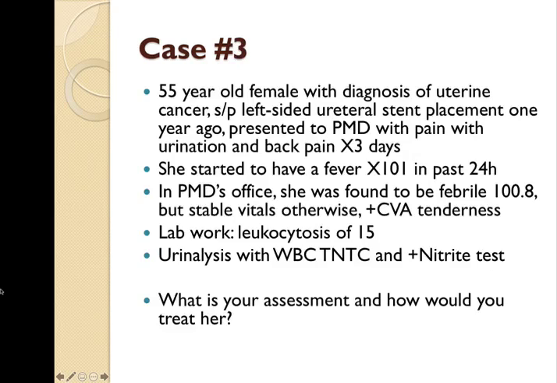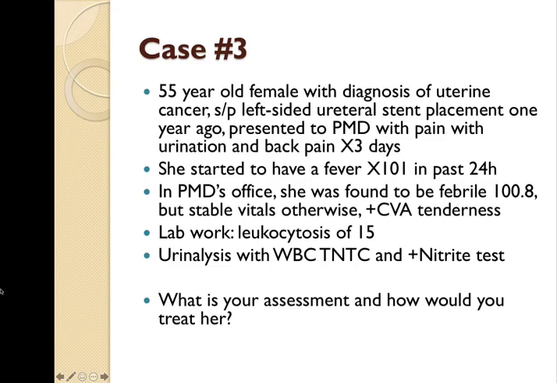And let's talk about case number 3. This would probably be the most complicated one. You have a 55-year-old female with a diagnosis of uterine cancer, status post left-sided ureteral stent placement 1 year ago, who presented to her primary care doctor with pain with urination and back pain for 3 days. She states she started having significant fevers in the past 24 hours.